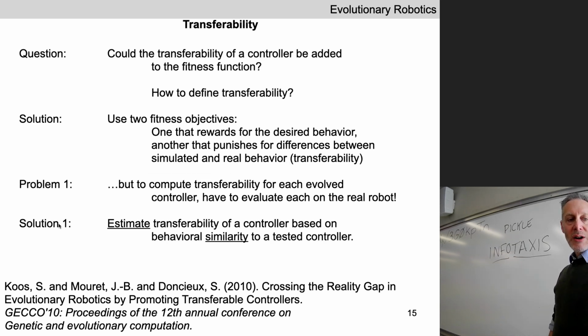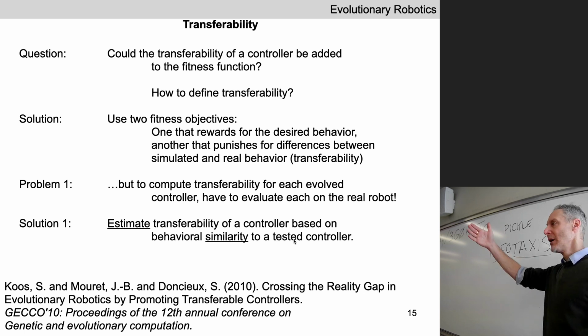All right. So the solution to this problem of transferability that the investigators reported in this paper is to estimate transferability of a controller based on that controller's behavioral similarity to a tested controller. A tested controller is going to refer to controllers we've already sent across the gap.